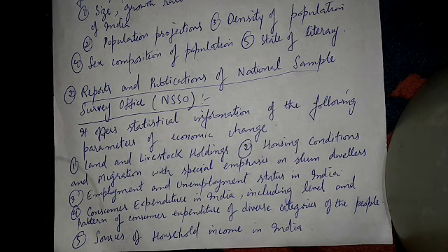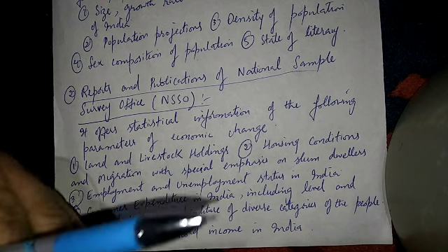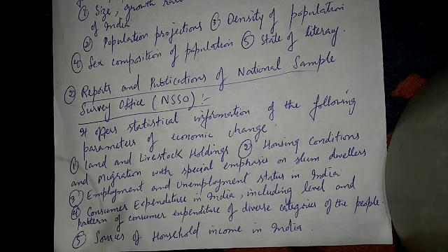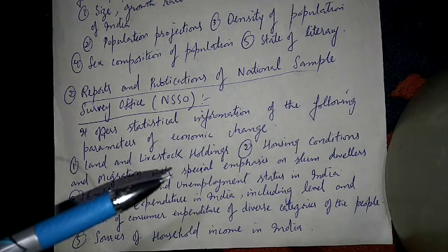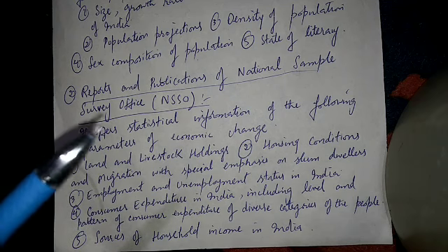You see, the NSSO is a government organization under the Ministry of Statistics and Program Implementation. This organization conducts regular sample surveys to collect basic statistical information relating to a variety of economic activities in rural as well as urban parts of the country.